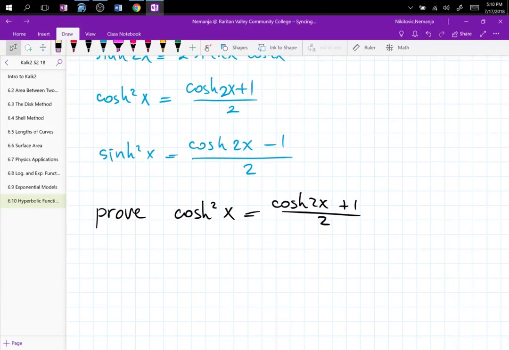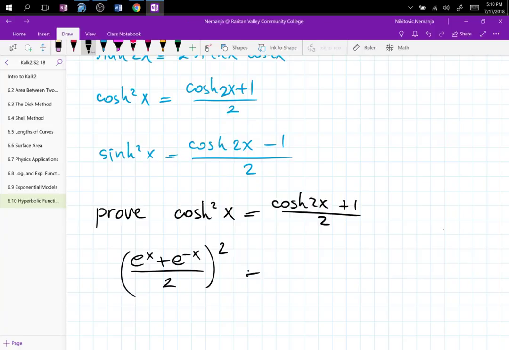We know that the cosine is given to us as e to the x plus e to the minus x over 2, and that needs to be squared on the left-hand side. On the right-hand side, I have e to the 2x plus e to the negative 2x over 2 plus 1 over 2.